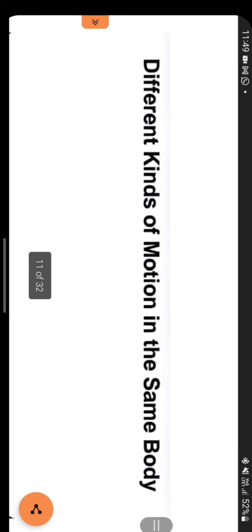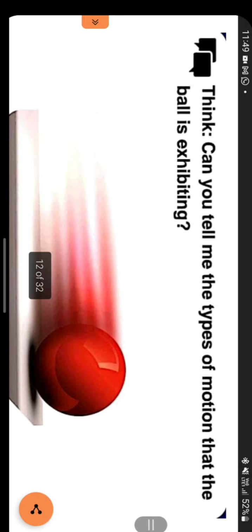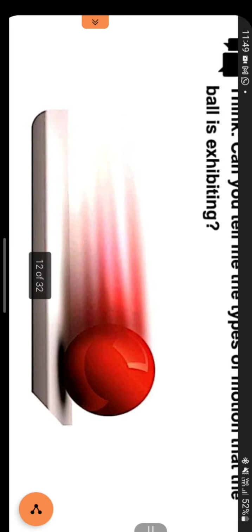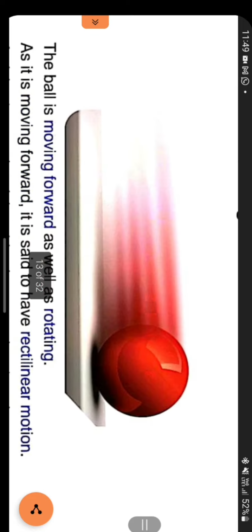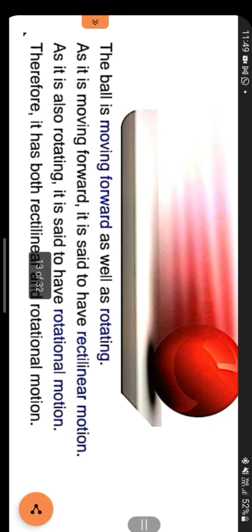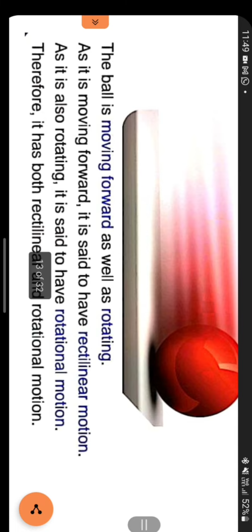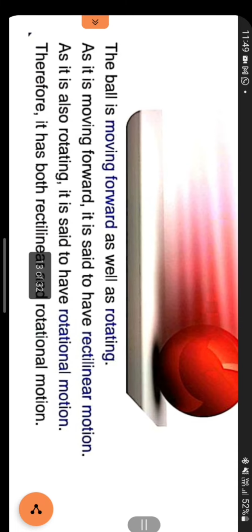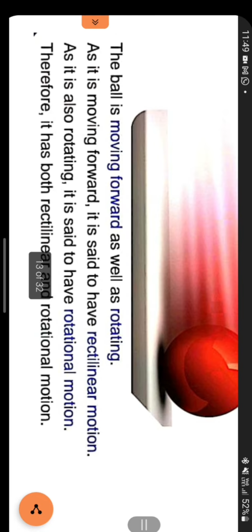Now, different kinds of motion in the same body. Can you tell me the types of motion the ball is exhibiting? You are thinking it is rectilinear, right? The ball is moving forward as well as rotating. As it is moving forward, it is said to have rectilinear motion, and whenever it is rotating, it is said to be rotational motion.